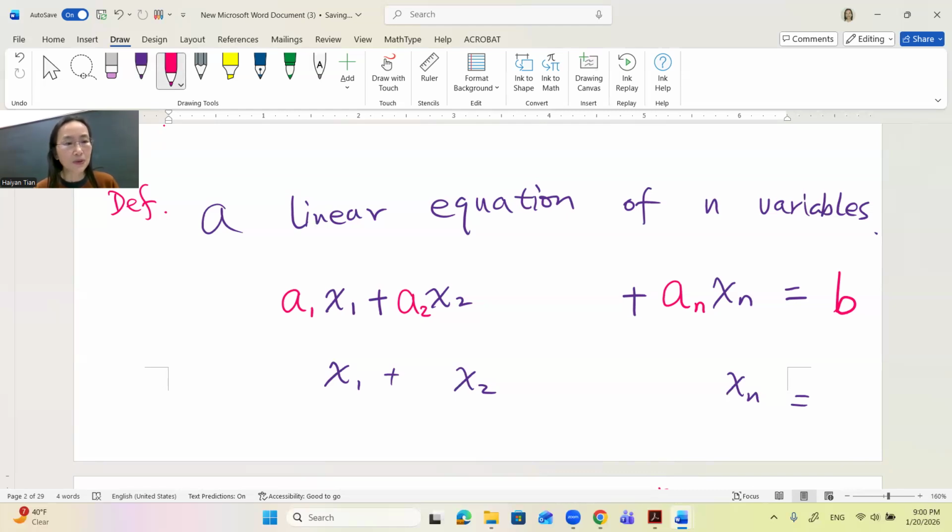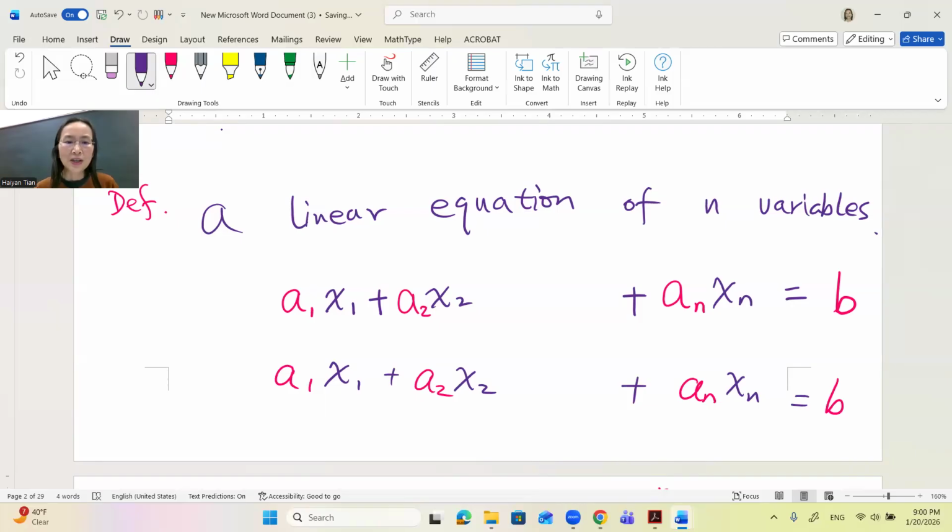If our system has more than one equation, then how do I use proper notation to represent the second equation in the system? If I put A1, A2, An equals B, that's not correct because I assumed that the second equation is exactly the same as the first equation. So we cannot assume the second equation is the same for a general system of two equations, right?